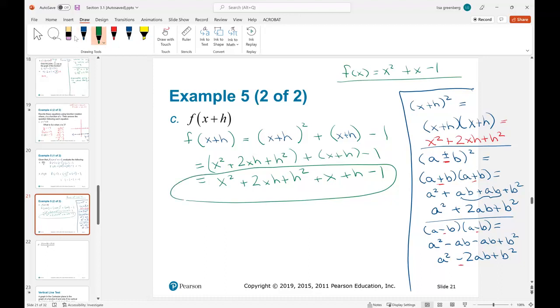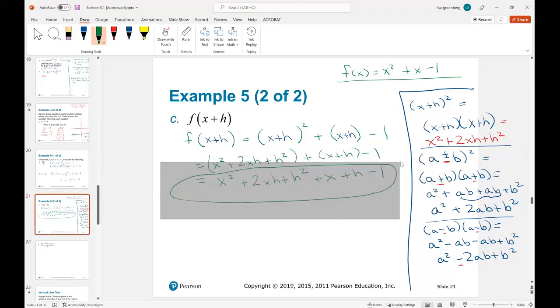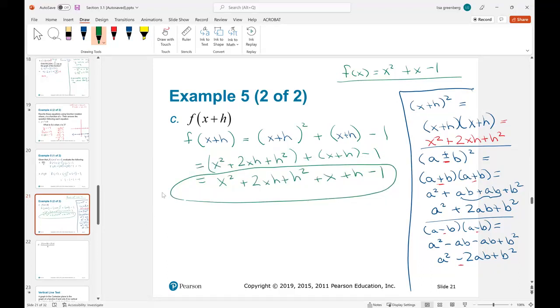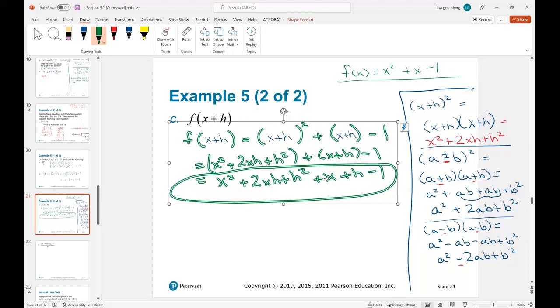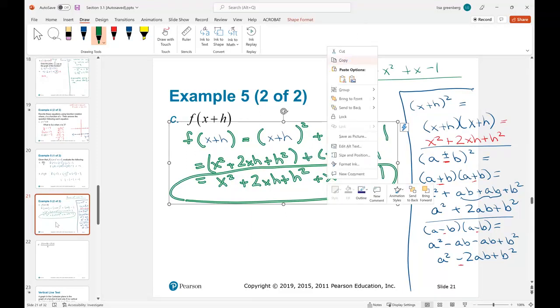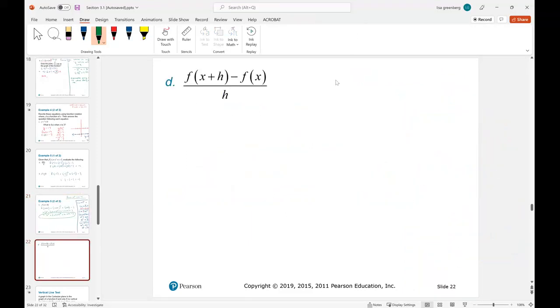Okay, so now I'm going to copy this answer so I don't have to do it again. Let me try one more time. Let's see. Oh, I see, it's all together. Okay, copy, paste.